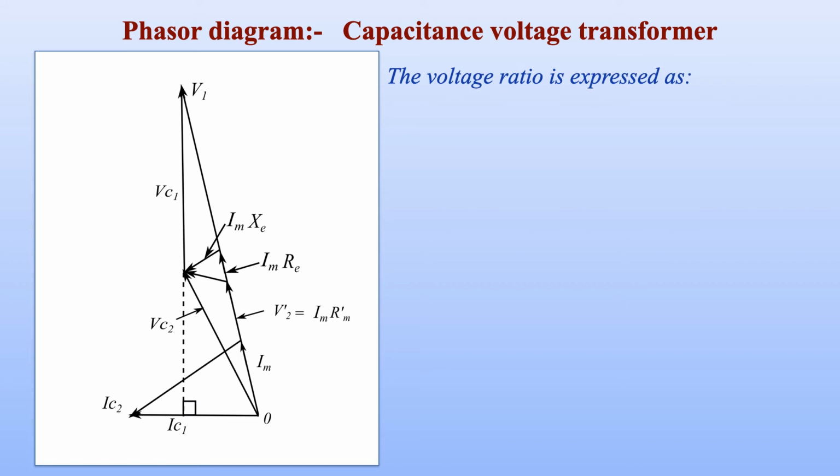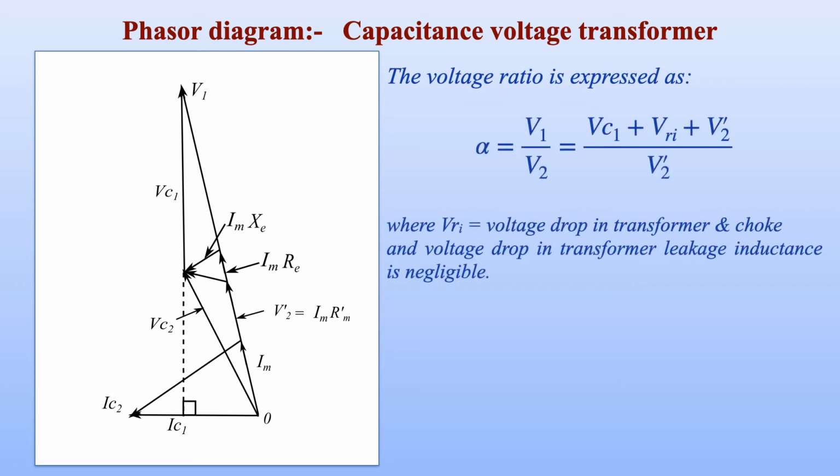Mainly we have to focus on the voltage ratio, right? The ratio of the voltage to be measured, V1, with respect to the voltage that will appear across the voltmeter, referred to the primary side of the matching transformer.